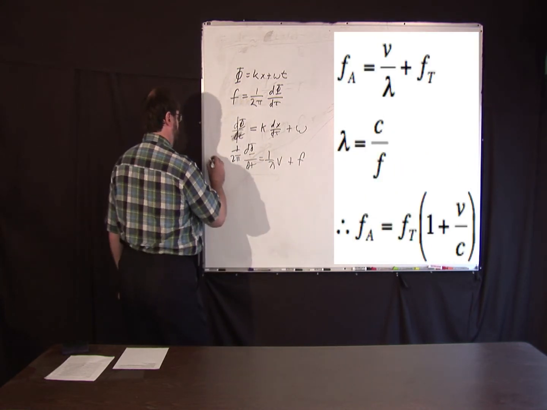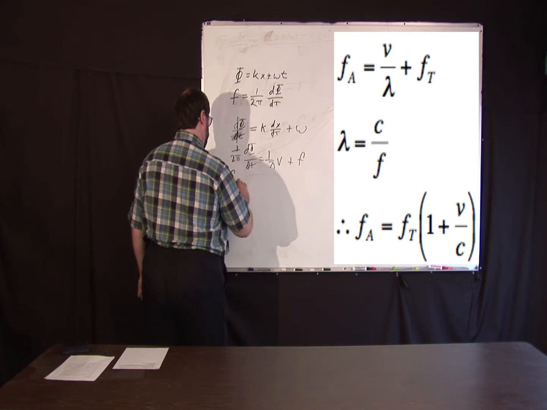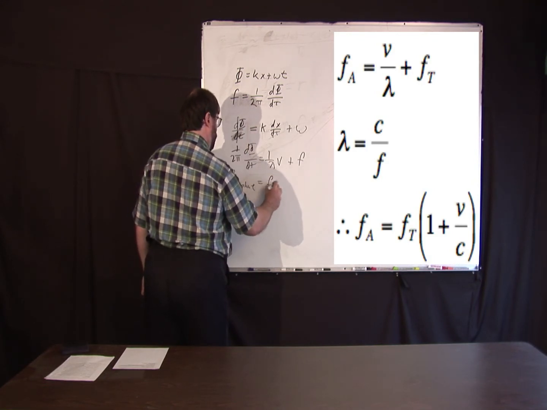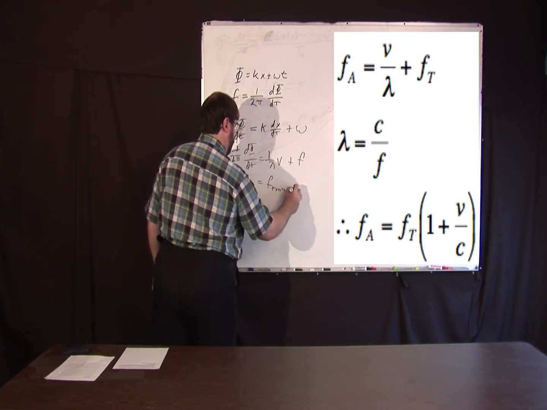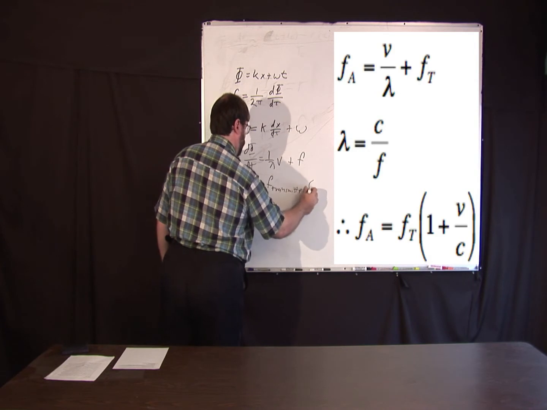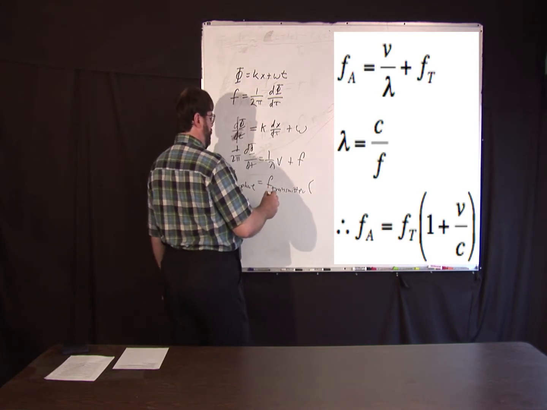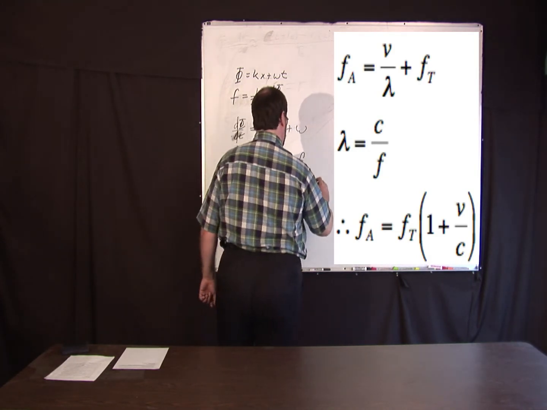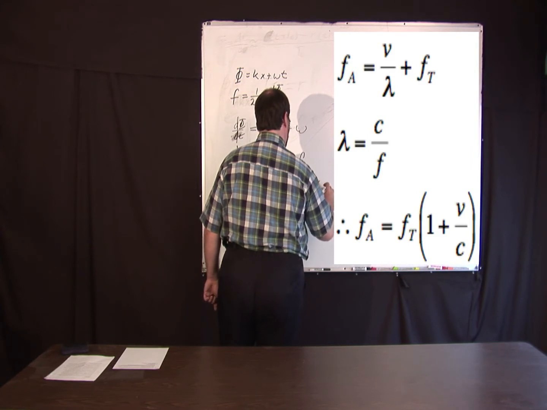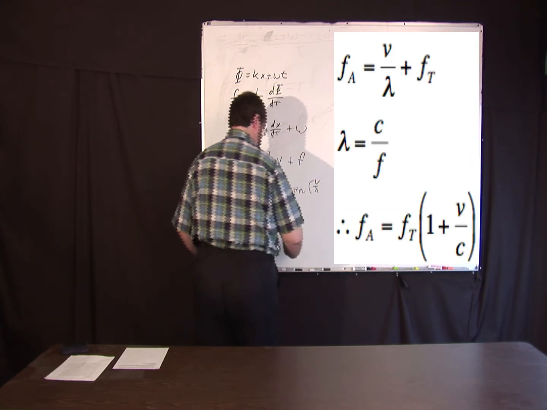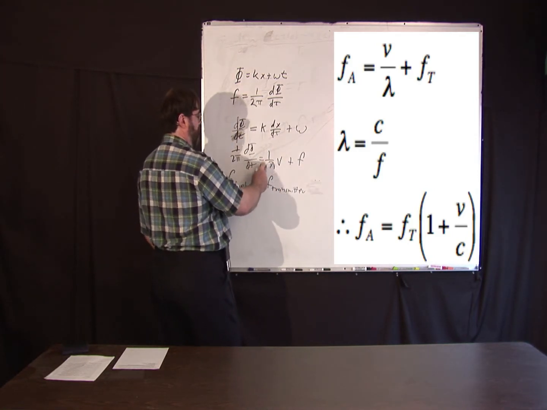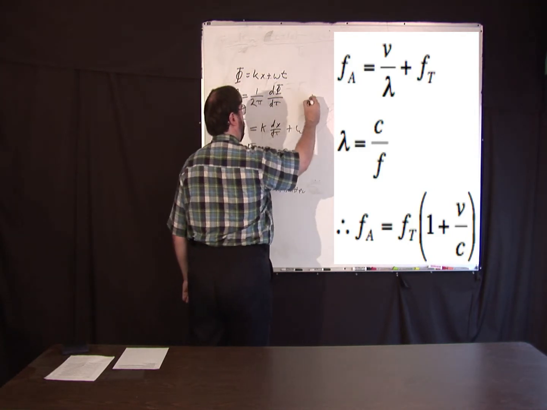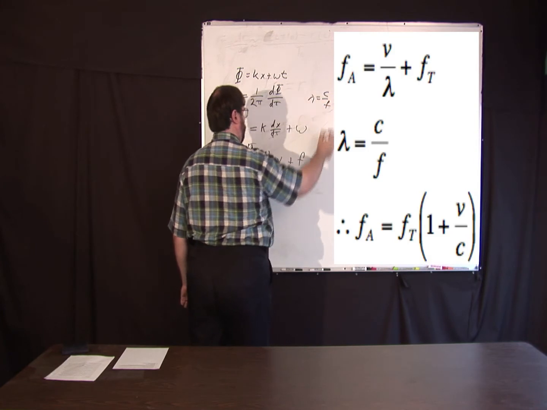So now we'll call this the frequency at the airplane. It's equal to the frequency of the transmitter plus v over lambda. Before I do that, lambda equals c over f.